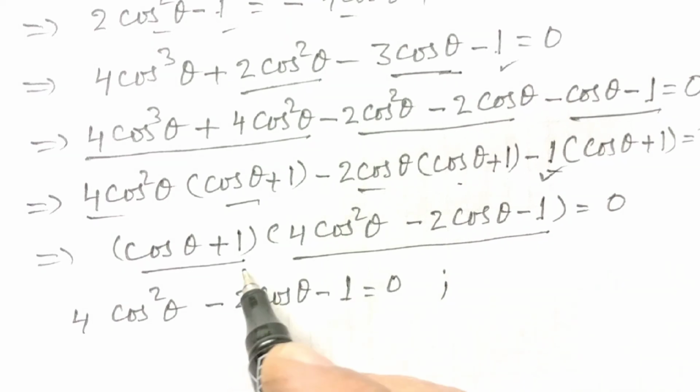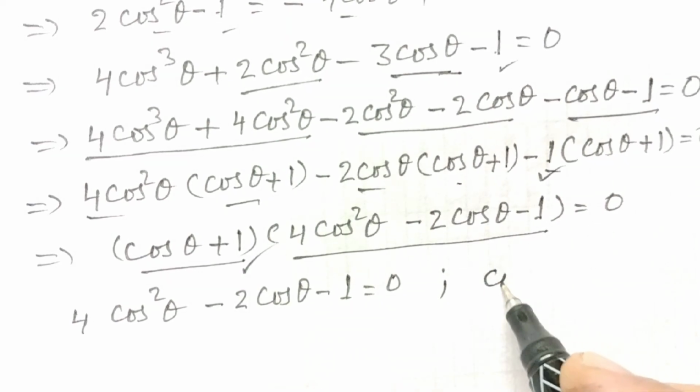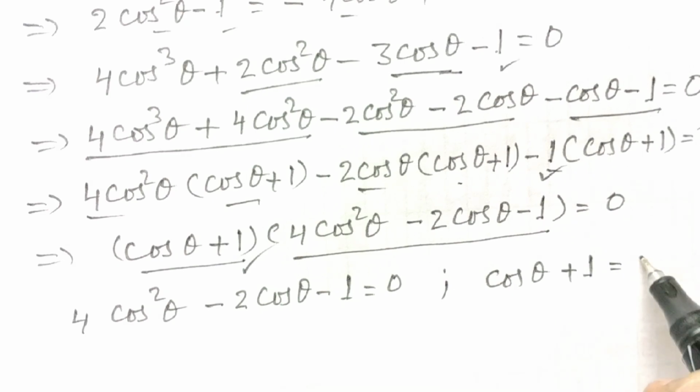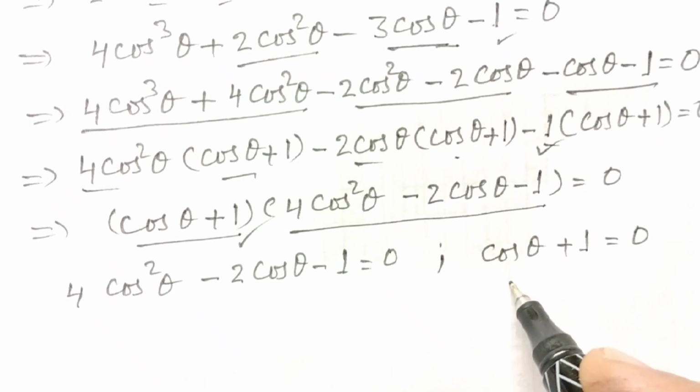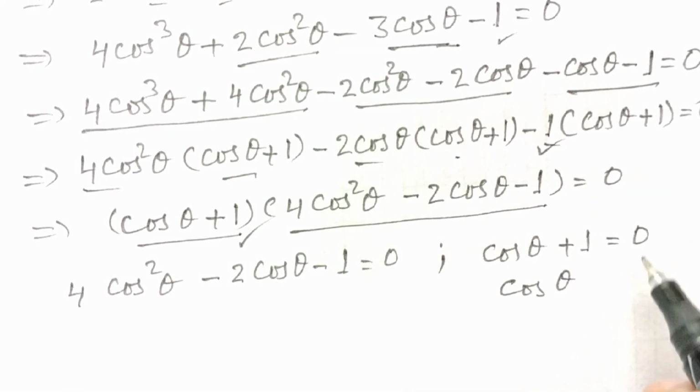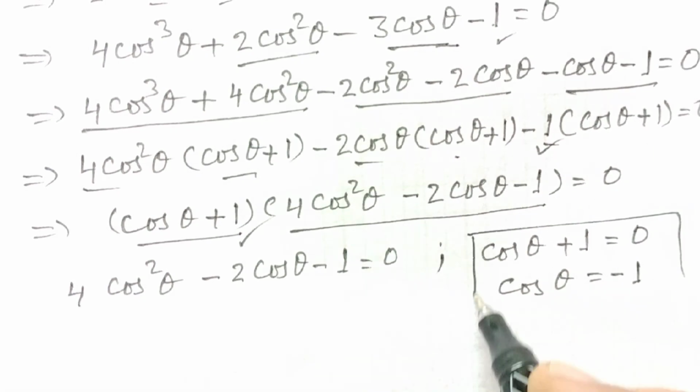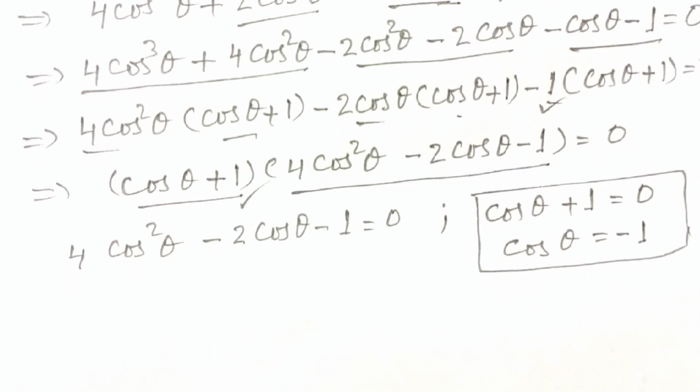Right. And this, cos theta plus 1 is equal to 0. Right. So cos theta is equal to minus 1. Right.